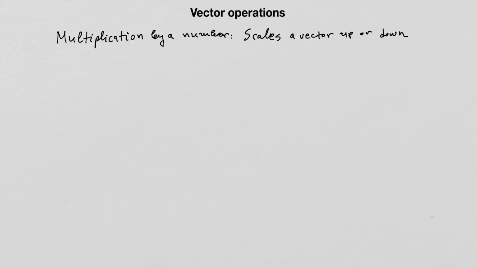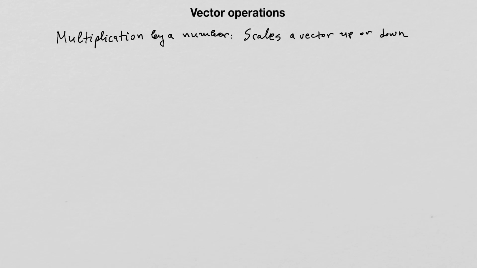So first, multiplication by a number. If a vector is multiplied by a number, that's going to scale the vector up or down. So if, let's say, I have a vector of length 1 and multiply by 5, then I'm going to get a vector of length 5. If I have a vector of length 10 and multiply by 0.5, then I'm going to get a vector of length 5.